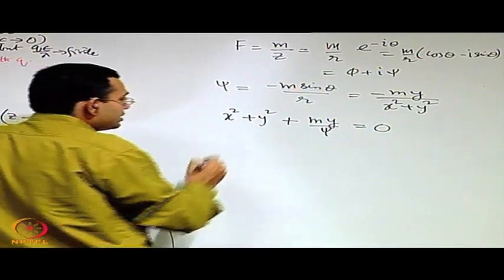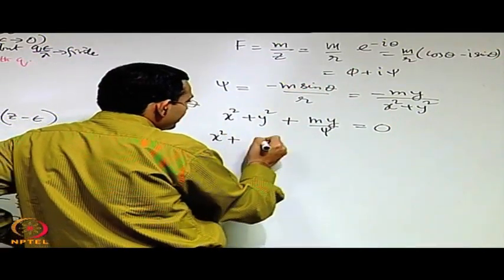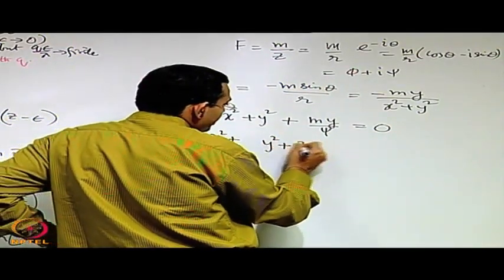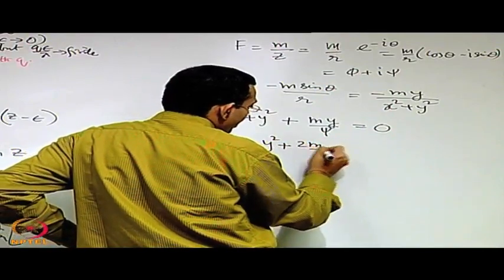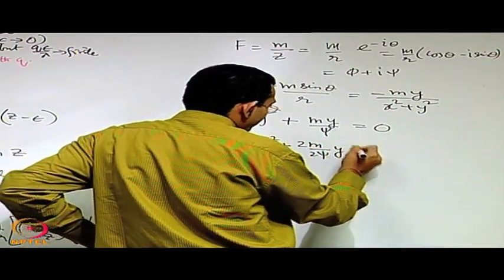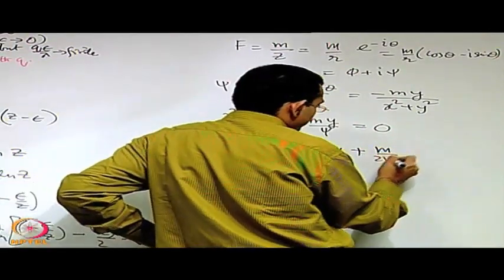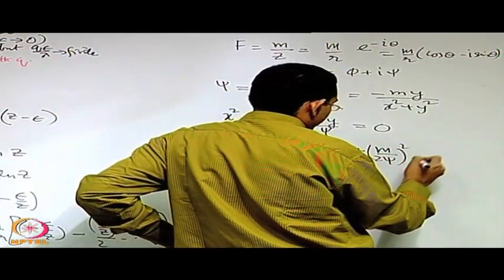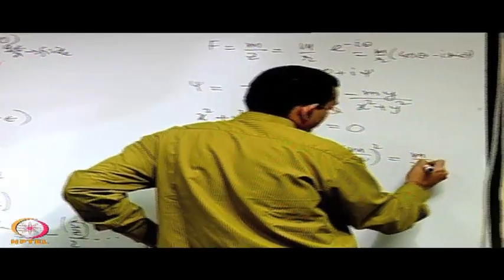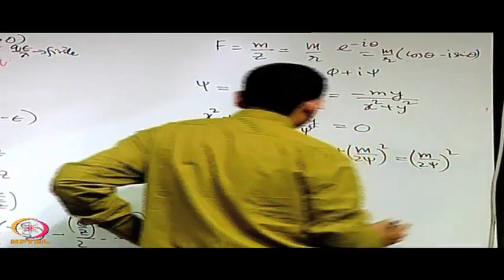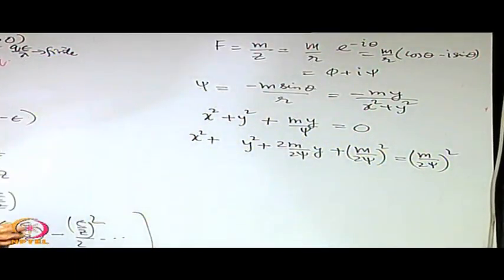So you can write this as x square plus y square plus 2 into m by 2 psi y plus, right.